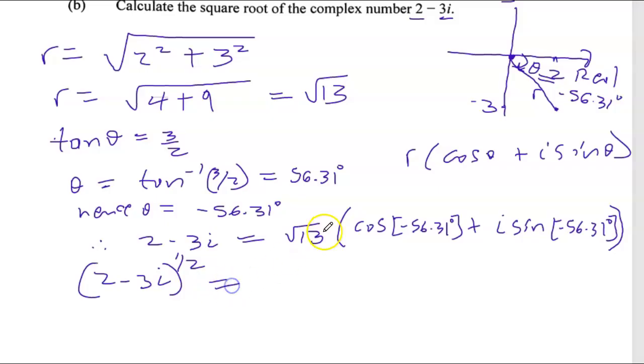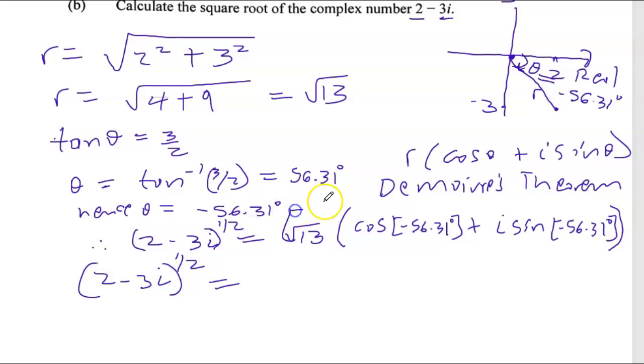So we raise the other side also to the power of a half, using De Moivre's theorem. That's the theorem we're using. We wrote the complex number in its polar form, and then we're raising both sides to the power of a half.